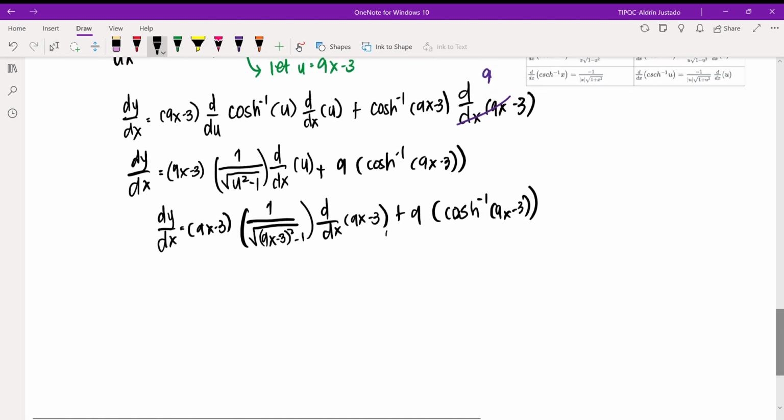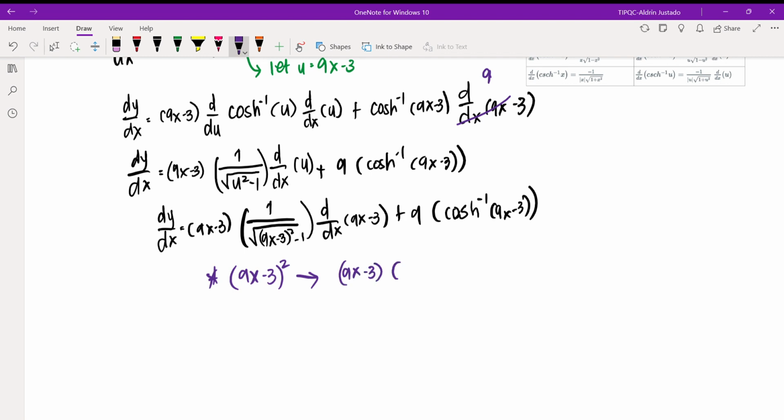So, 9x minus 3 muna tayo. Dito na lang. Okay? 9x minus 3 squared. Okay? 9x minus 3 times 9x minus 3. This is 81x squared minus 54x plus 9. Okay?